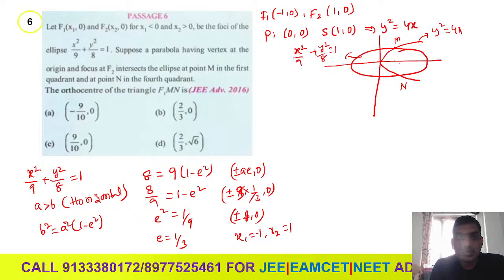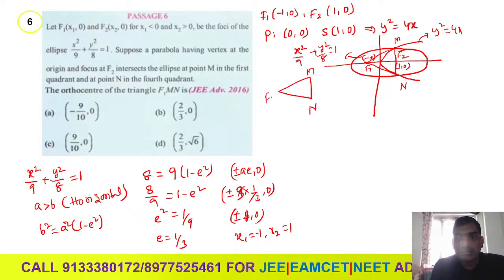This is F2 (1 comma 0), and here we have F1 (minus 1 comma 0). The orthocenter of the triangle F1 M N. Okay, now we have a triangle like this. This is N, this is M.